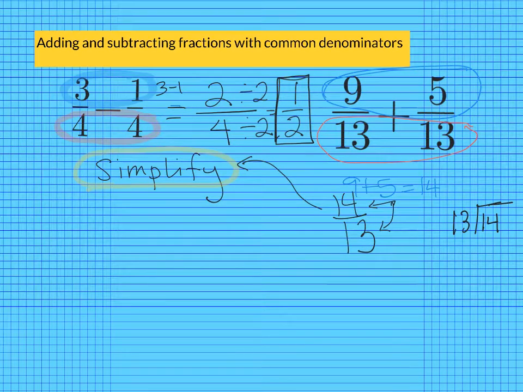Well, 13 goes into 14 one time, and if I subtract, I have one left over. But my answer, this number here, becomes the numerator of my new problem, the 1, and the bottom has to stay the same as what I originally had. It has to stay this 13 value. So my answer, if I simplify this, let me write it down here. 14 over 13 becomes 1 whole and 1 over 13.